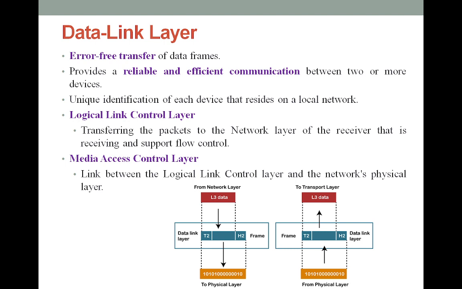While looking at this diagram, you can easily understand that T2 and H2 mean layer 2, with T for trailer and H for header. While adding data bits like zeros and ones, binary format, we include the header along with the trailer field.